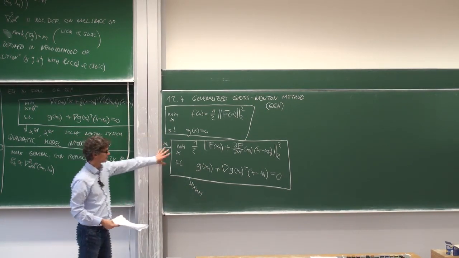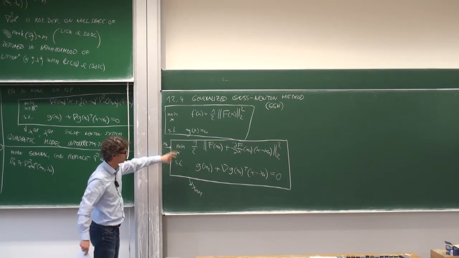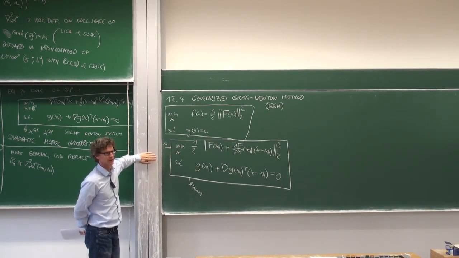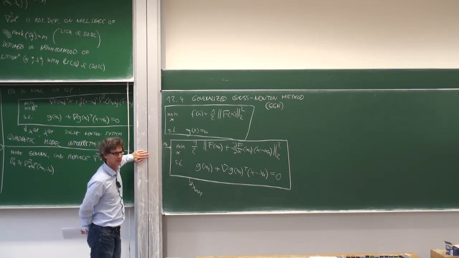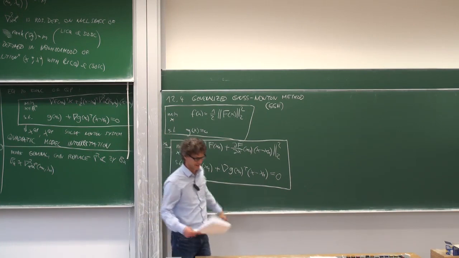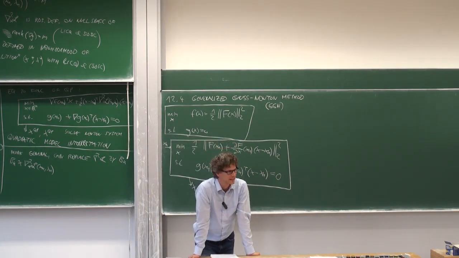And the way to solve this QP, we know we can do it by looking at the optimality conditions of this QP, which we will do at the next hour, I think. The constrained Gauss-Newton or the generalized Gauss-Newton method is too important to just treat it at the end of this lecture. I want to start next time with explaining and analyzing this method.